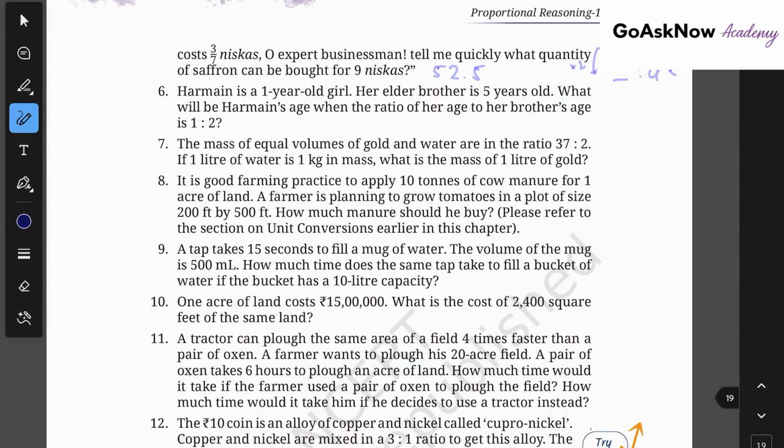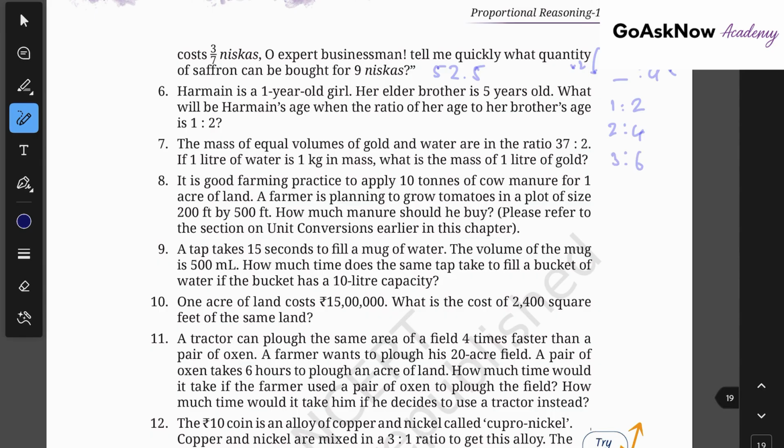So for Harmain's age to be half of her brother's age, we should find a ratio with a common difference of 4 years. So we do 1/2, and if we multiply this by 2, the ratio could be 2:4, or it could be 3:6.